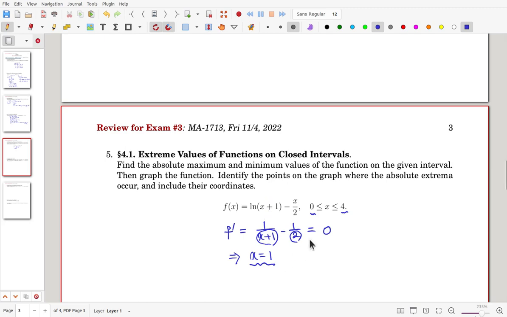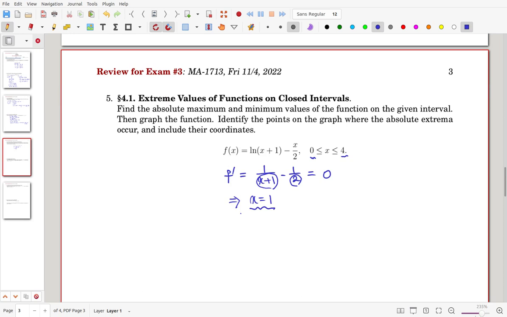Now, you have to measure at 3 points: the end points 0 and 4, and the critical point. So f at 0 is logarithm of 0 plus 1 minus 0, which is 0.